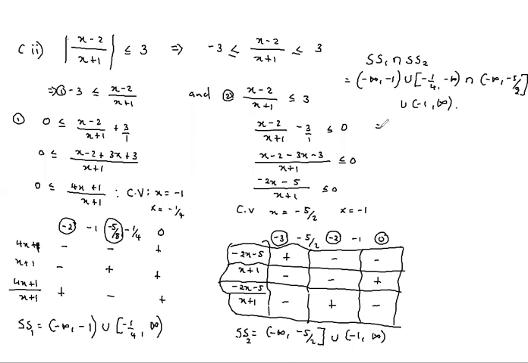So what becomes our solution here? To get the intersection of intervals, you go in this first interval and that first interval. Pick the smallest number on the left. You have negative infinity. Between negative 1 and negative 5 over 2, you pick the smallest.